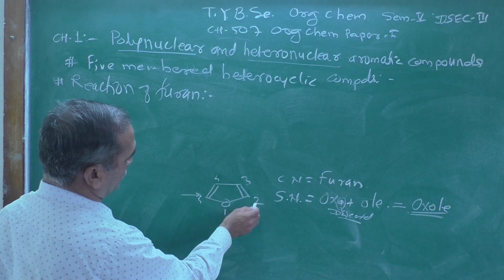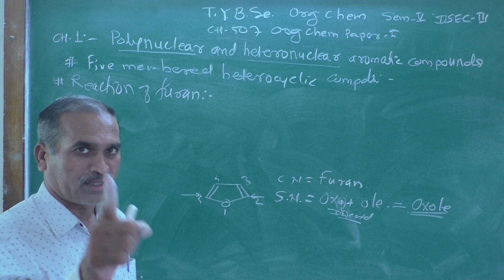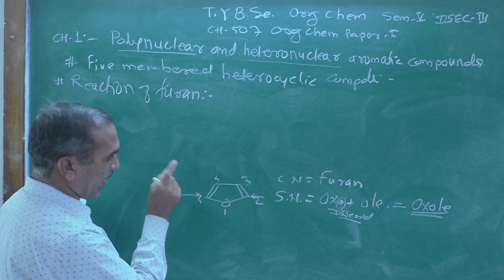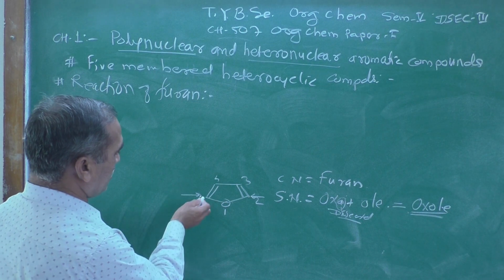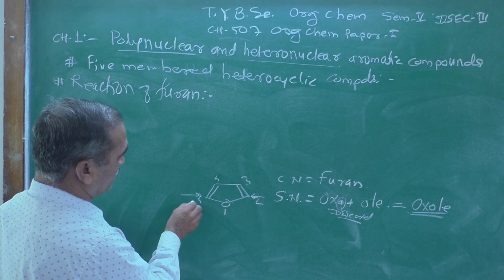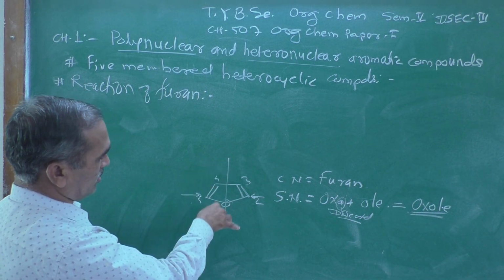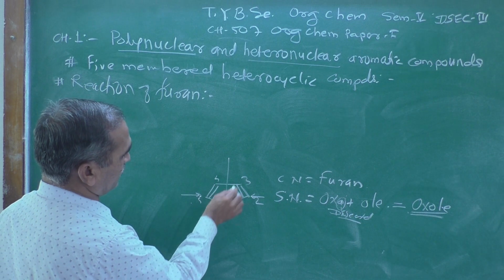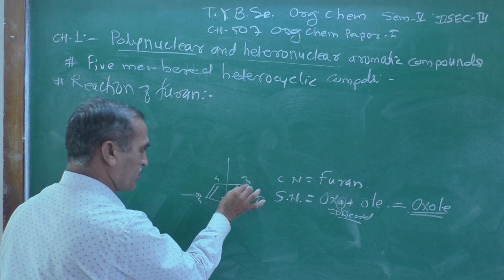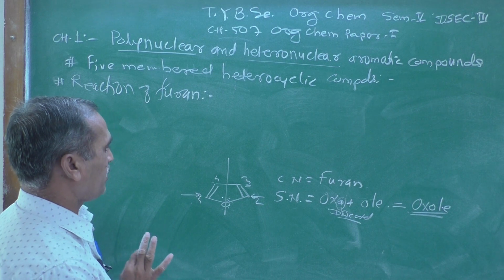Now in the reaction, if you see here, these 2 and 5 positions are chemically equivalent, identical you can say. Similarly, if you see here the symmetrical molecule, the 3 and 4 positions are one and the same.